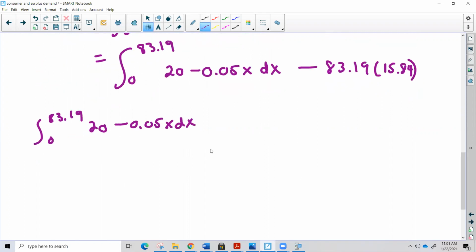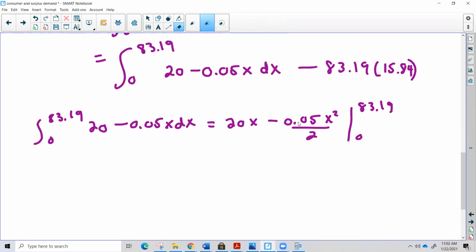So this would be 20x minus 0.05 x squared over 2. Again, we don't need plus c because it's a definite integral. Okay, and again, I'm going to do 0.05 divided by 2, which is 0.025. Okay.